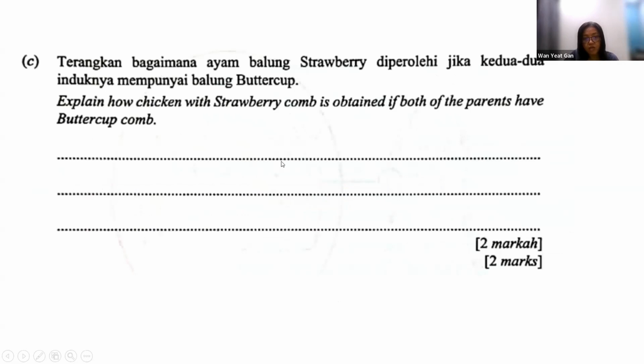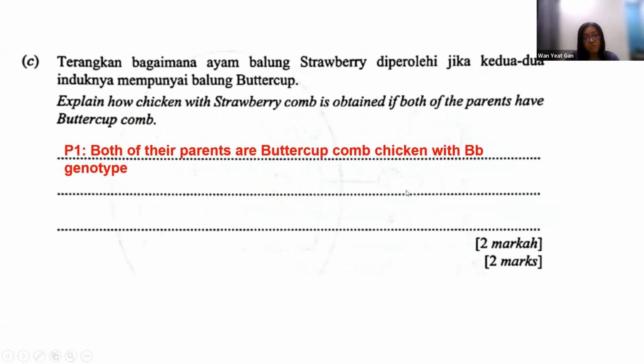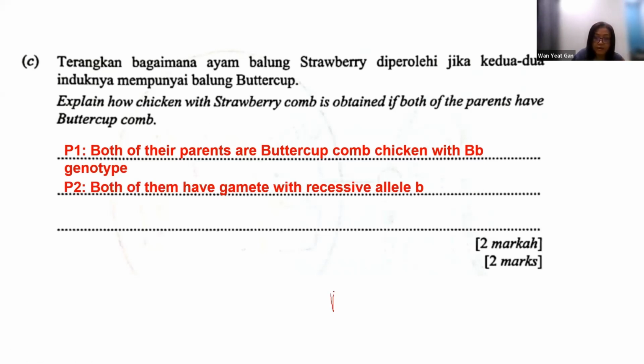Next, explain how a chicken with strawberry comb is obtained if both of the parents have buttercup comb. Now, how do you get strawberry comb if both the parents are buttercup comb? Buttercup comb must have the allele big B, yeah? So it's only possible if both the parents are heterozygous, which carry one big B and one small b. Then only you can get the two small b come together, okay?